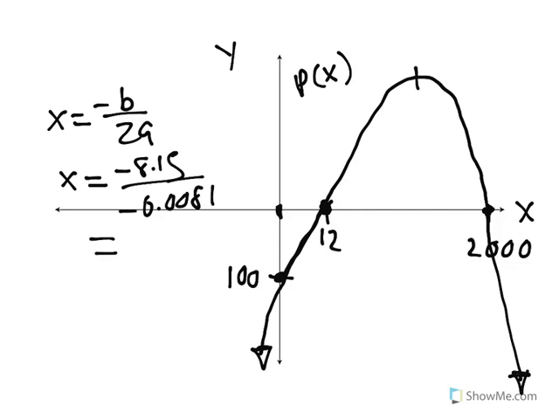So x is going to be approximately 1,006 umbrellas. At this point, where the number of umbrellas he sells equals 1,006, his profit function is going to be maximized. And that's how you solve this problem.